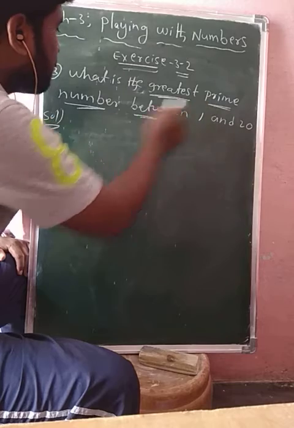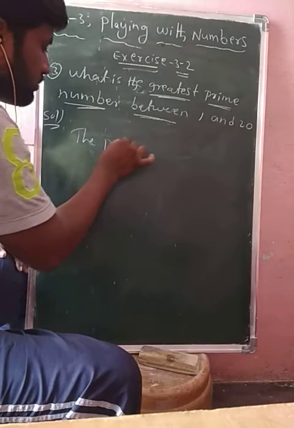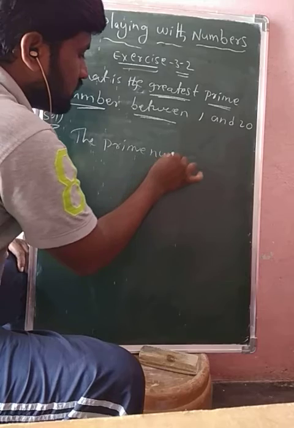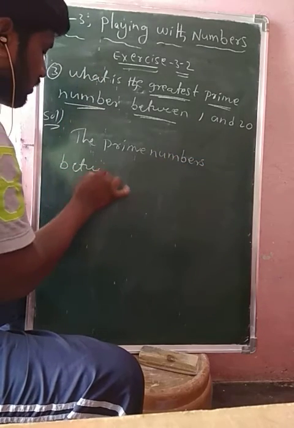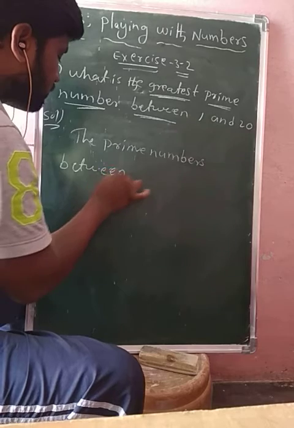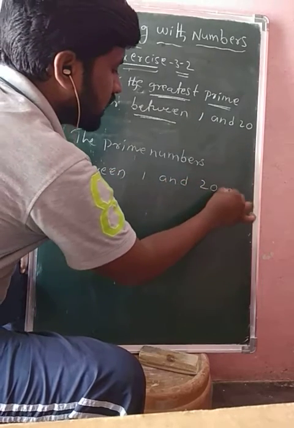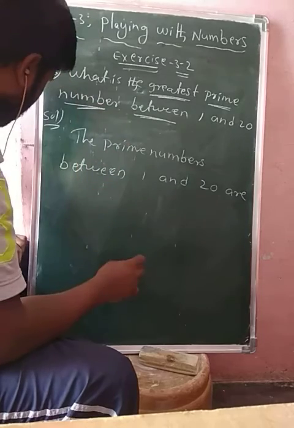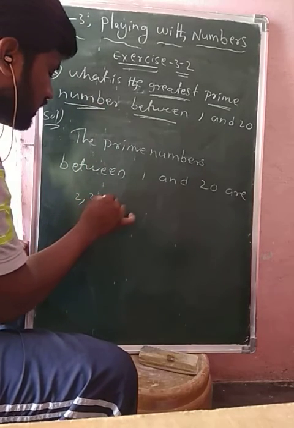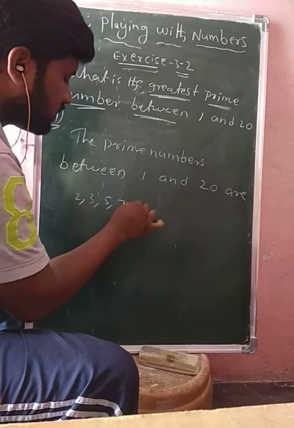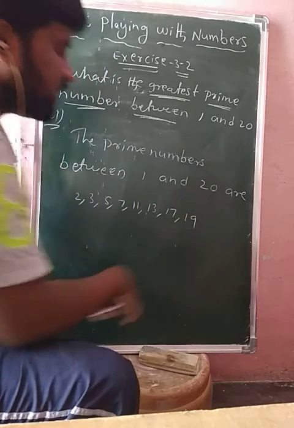What is the greatest prime number between 1 and 20? We can write the prime numbers between 1 and 20, that is, 2, 3, 5, 7, 11, 13, 17, 19.